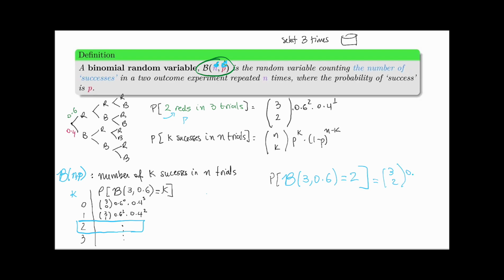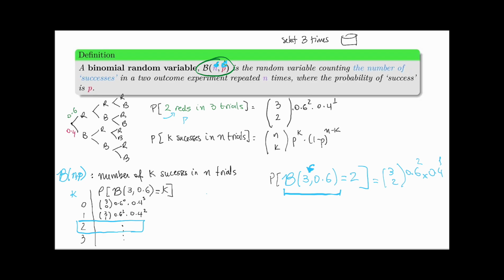It's 3 choose 2, exactly what we did again, times 0.4 to the 1, okay? So at the end of the day, when you see this binomial, the binomial is the number of successes, and it carries information. It's a random variable of the number of successes, so you can have 0 successes up until the number of trials of successes.